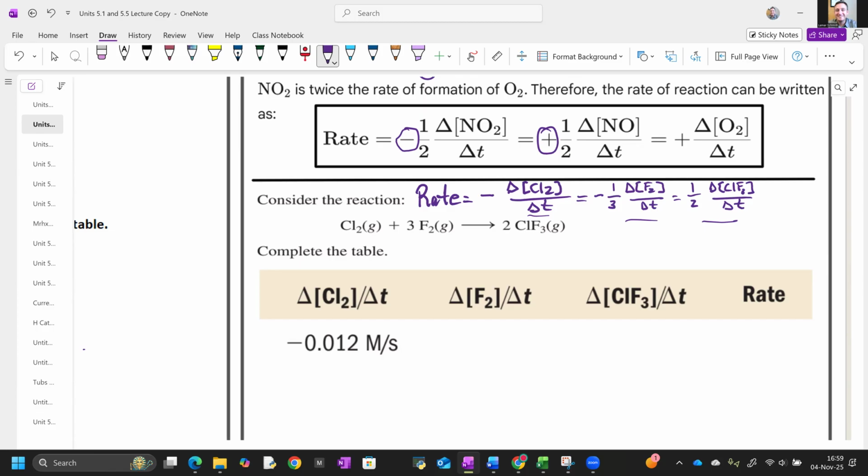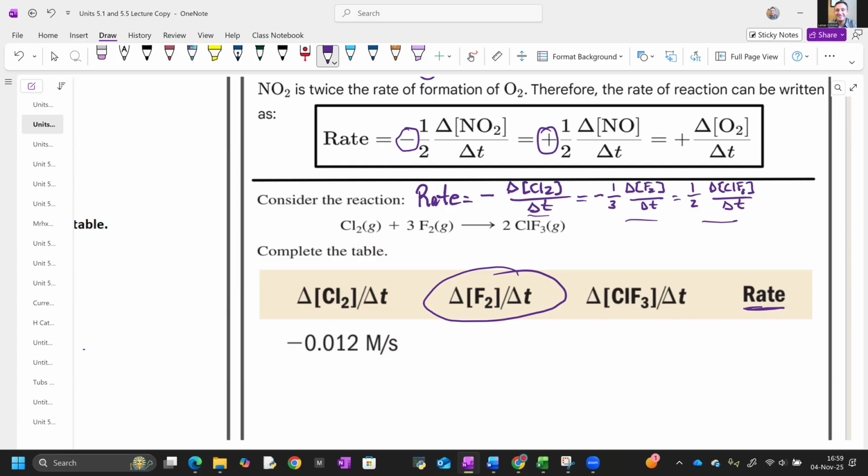So in this table, we're noticing that we are not entering coefficients into this expression. We are simply just asking for the change in the concentration of F2 with regard to the change in time. And we see the same thing for ClF3. We also see that we're asked to find the rate.